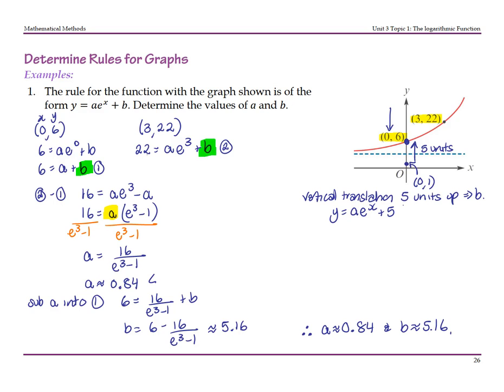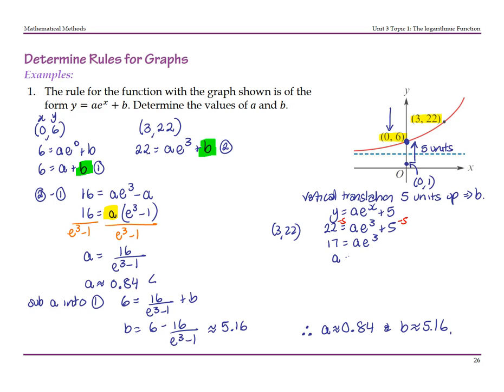Now what we had was very similar. We had b was 5.16, so very similar using the two coordinates. Now if I use the other coordinate, (3, 22), to find my a value, 22 equals a e to the 3 plus 5. Take 5 from both sides. 17 equals a e to the 3.